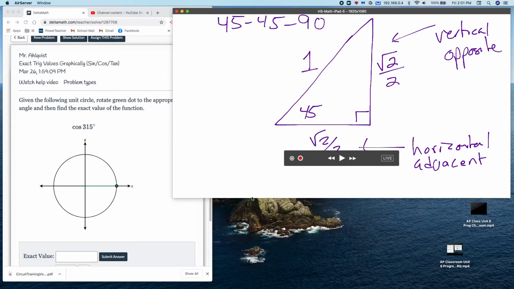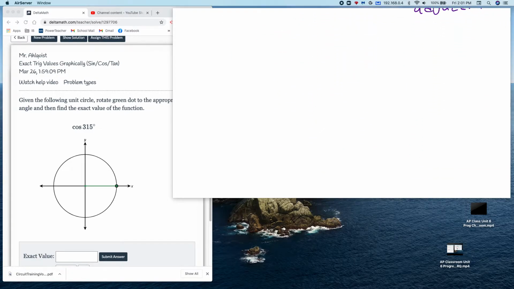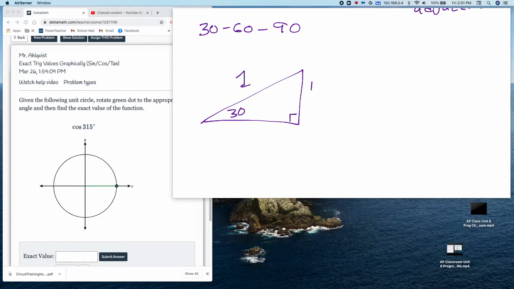So that's one thing. And then the second one is when you have a 30, 60, 90 triangle with the 30 degree like this. The hypotenuse is still 1, the opposite is 1/2, and the adjacent is the square root of 3 over 2.